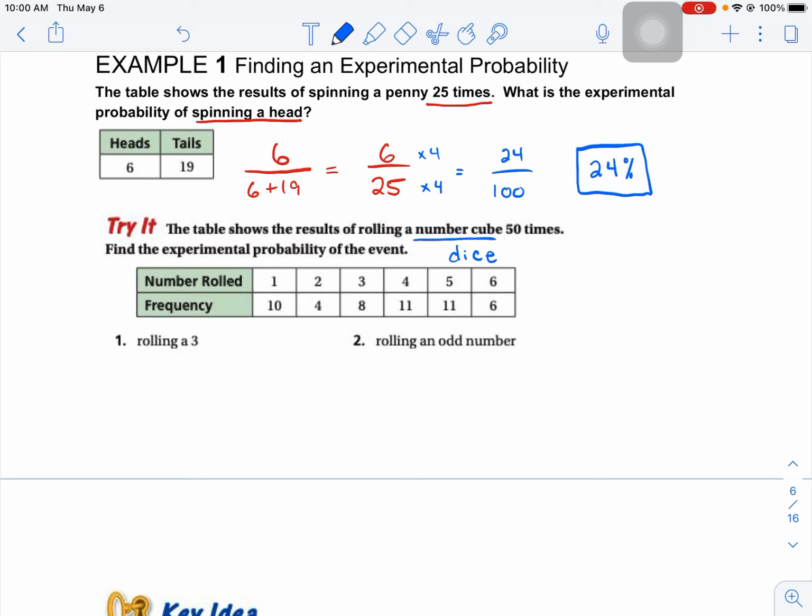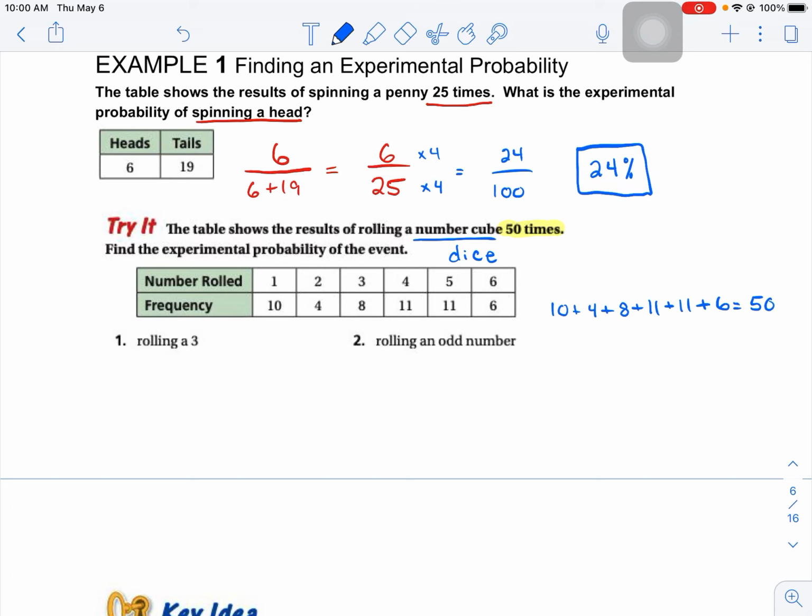So I'm going to add 10 plus 4 plus 8 plus 11 plus 11 plus 6, so that I can figure out how many times we rolled that dice. I can see here if I read, we rolled it 50 times, so this should all add up to 50, but if they didn't tell you that, you can add those up.